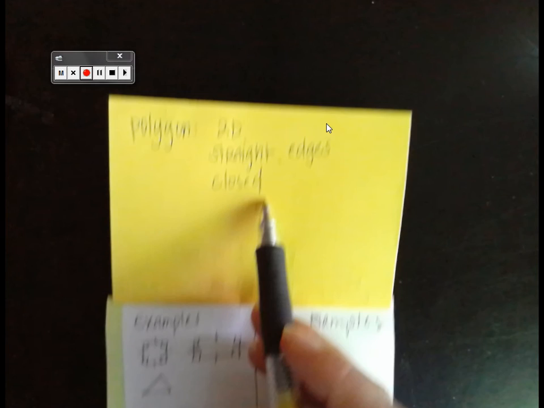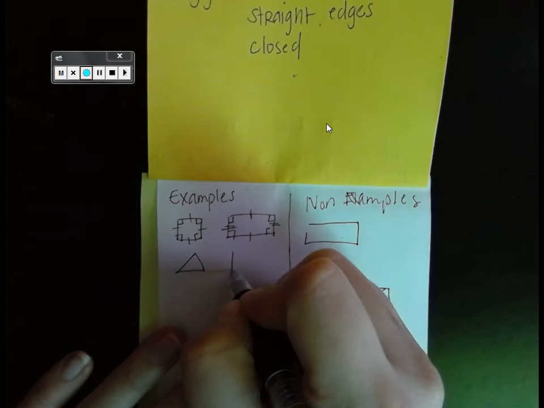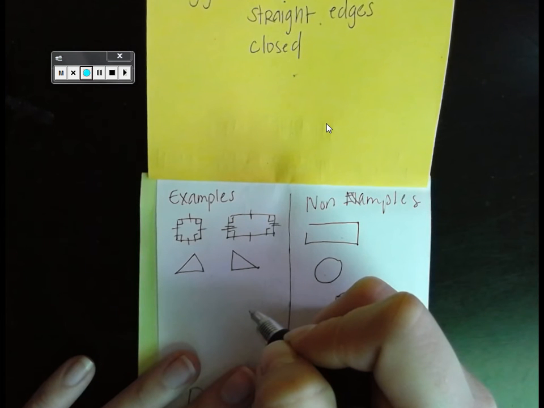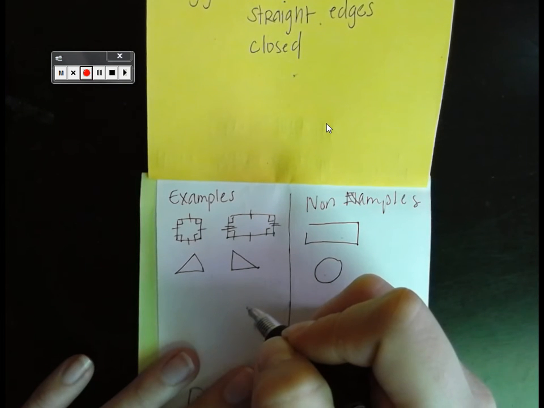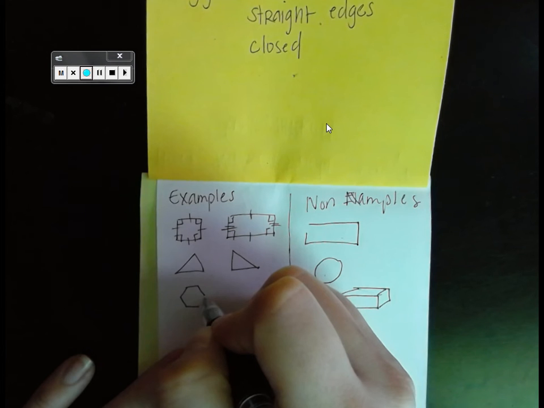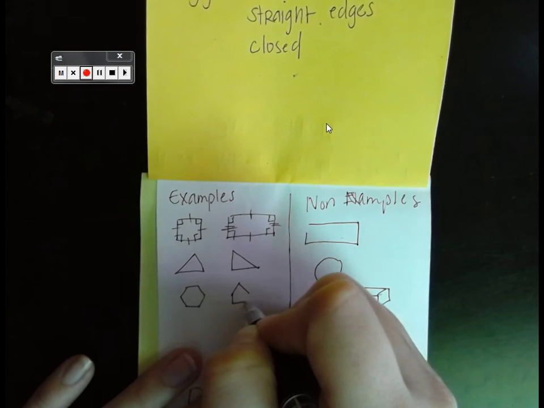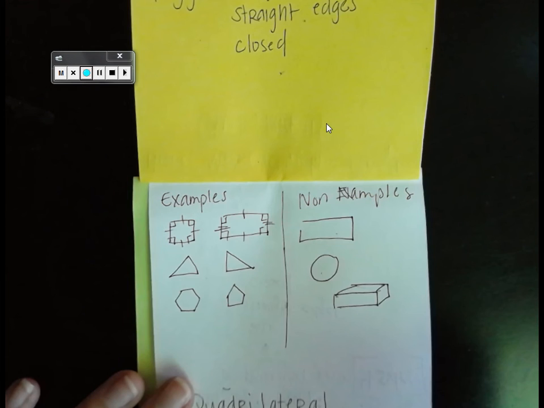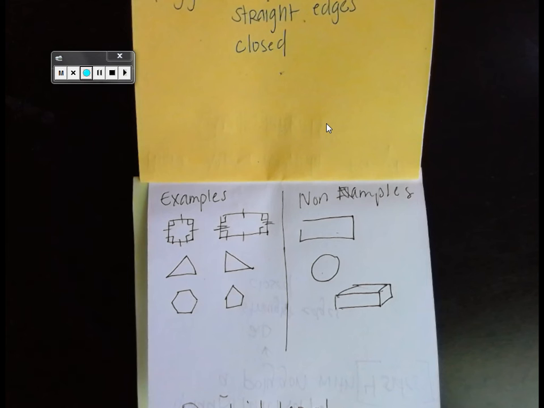No. So that's an example of a polygon. What's another example of a polygon? 2D, straight, closed. Pentagon, yeah. I'll draw a hexagon. A hexagon will work too. All of those work as long as they're straight, closed, and 2D.